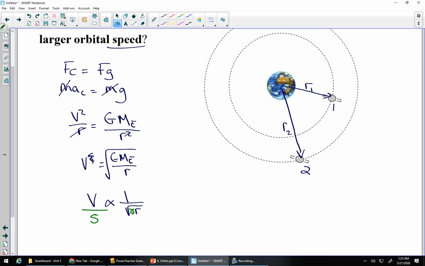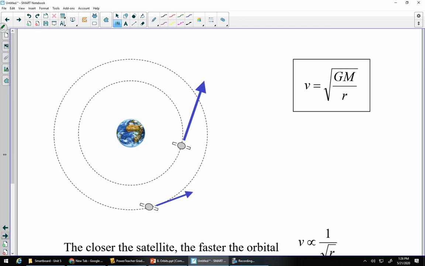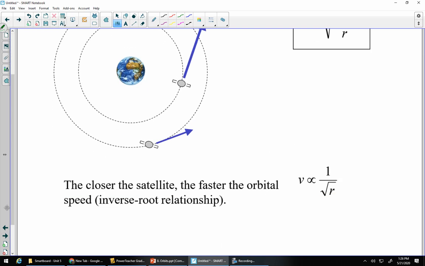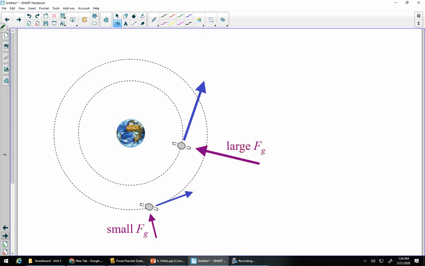So when the radius increases, the velocity or the speed decreases. In other words, the one that's closer has to be going faster, the one that's further away is going slower. Same sort of thing. It's an inverse square root relationship.